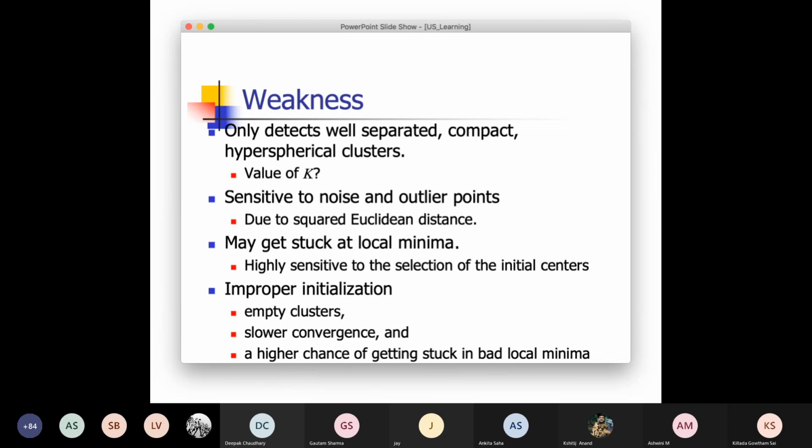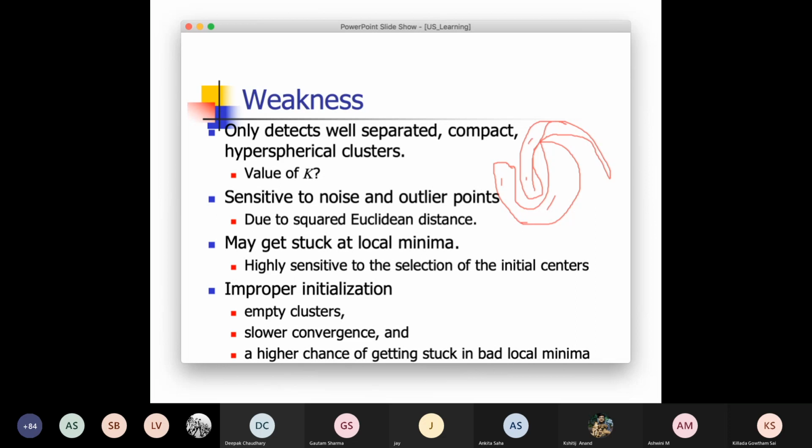Particularly, the cluster shape should be spherical. The problem of K-means is that it considers the shapes to be nearly convex, and spherical means nearly convex shapes. Say I have a distribution like this. This is my one cluster, and say this is my another cluster, and this is another cluster. This is my ground truth, for example.